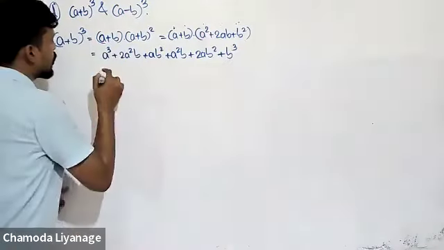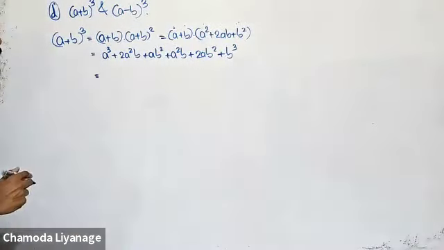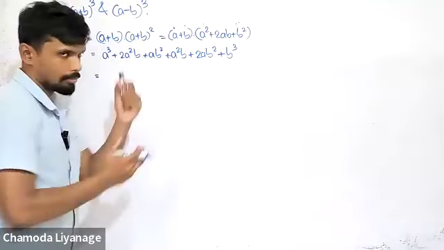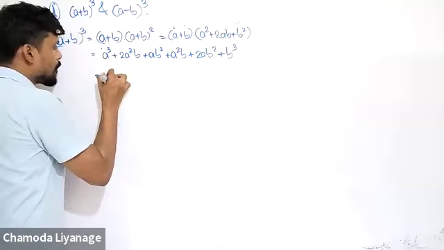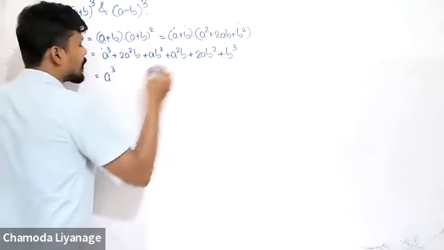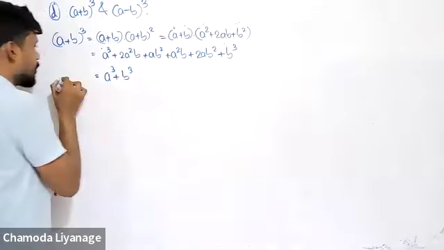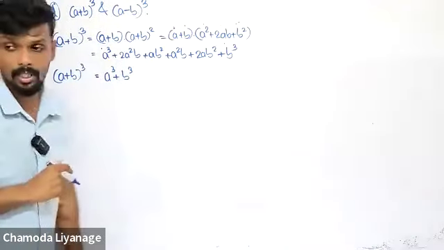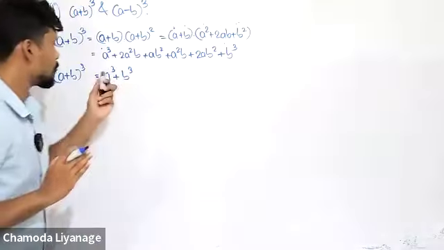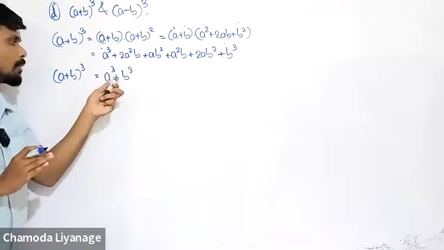Right? Okay. Now we are going to remember this expansion like this. I'm going to write the expansion of a plus b whole thing cube. First write the two cubes, a cube plus b cube.